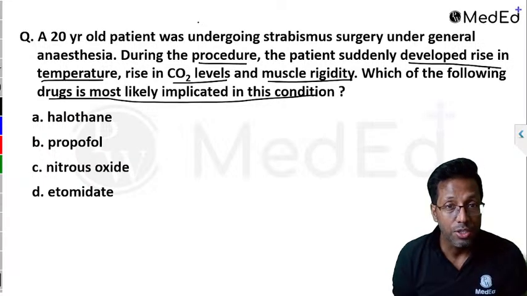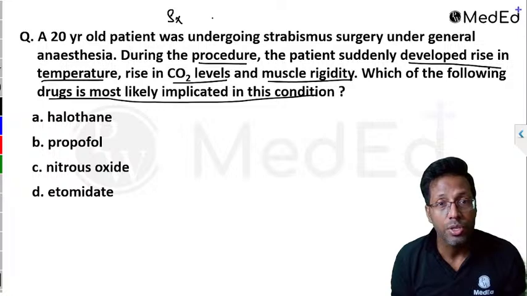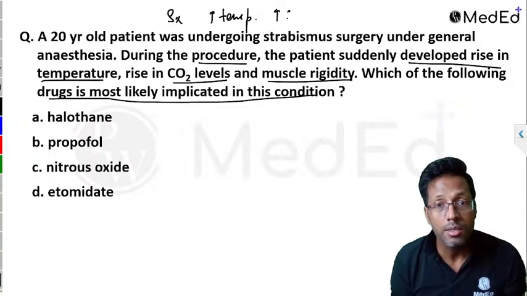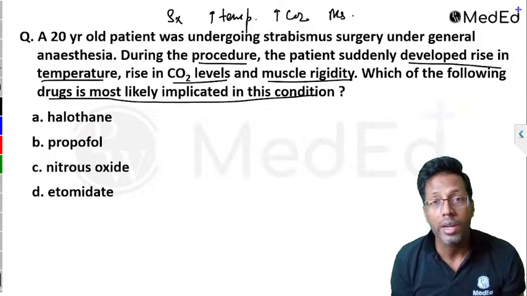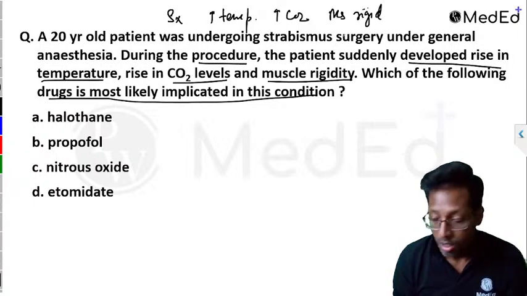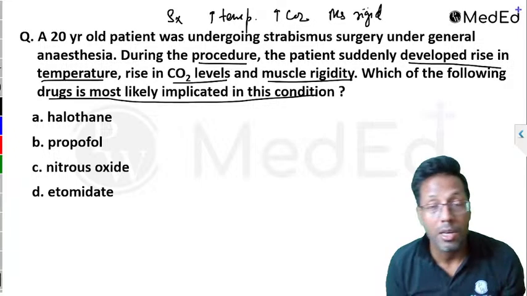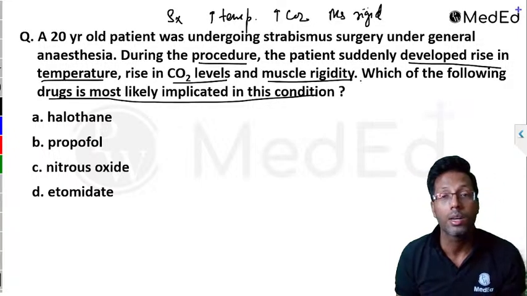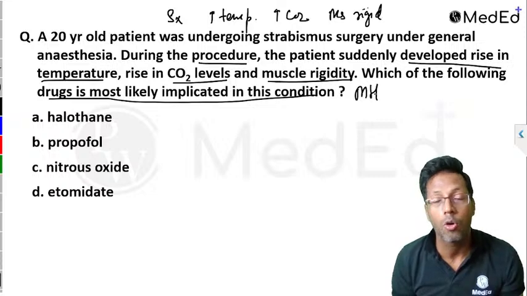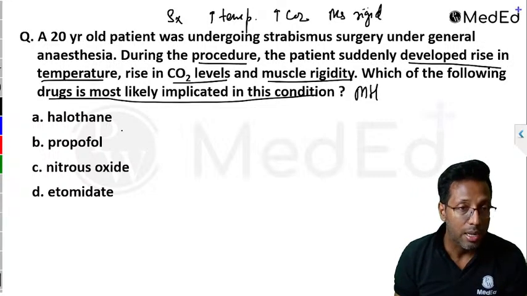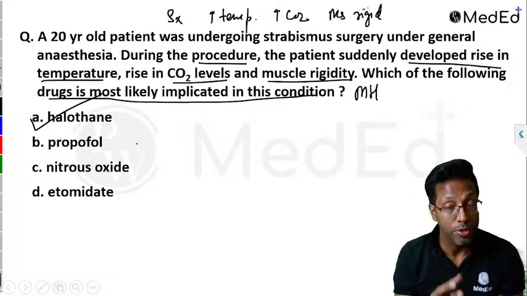There's a surgery going on, and during the procedure there is an increase in temperature, an increase in carbon dioxide, and the muscles are becoming rigid, which means muscles are getting involved. Dr. Nimra says, yes, malignant hyperthermia. So you are discussing malignant hyperthermia here, right? And the correct answer to this question is halothane from the options given.